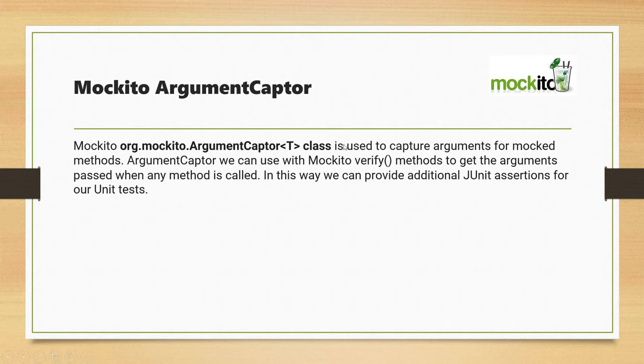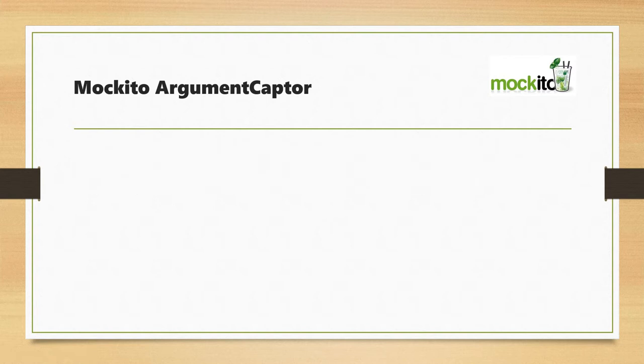There we will capture all the added objects in the mocked instance. Once we capture them, we can take those instances from the ArgumentCaptor and use them in various assertion methods in the test cases. That's the purpose of ArgumentCaptor.